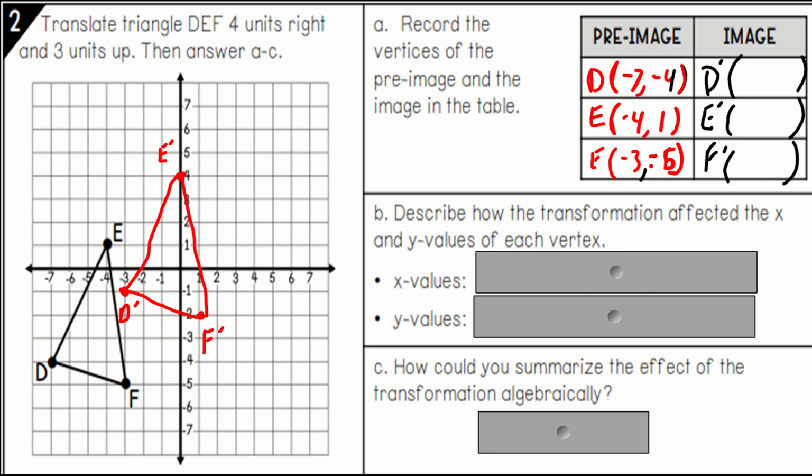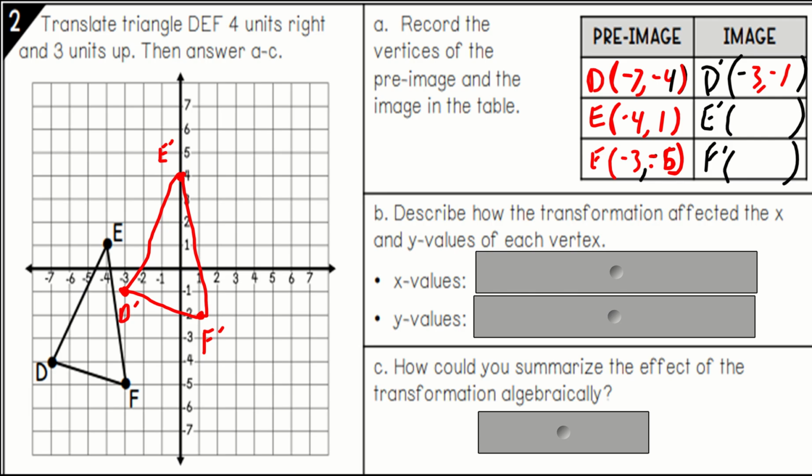Say it again. Not quite. Got the right X value. No? -3, -1. So we got a -3, -1 for D prime.